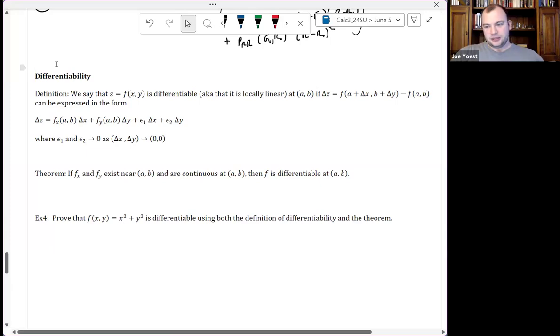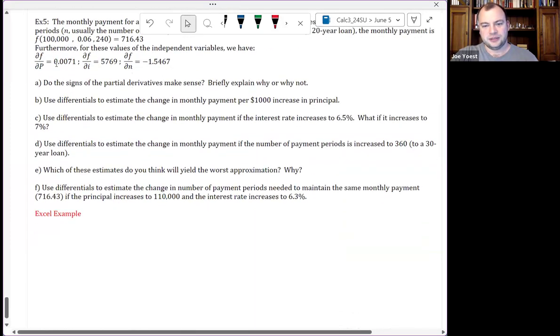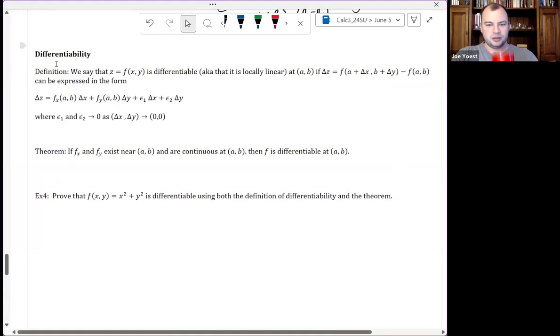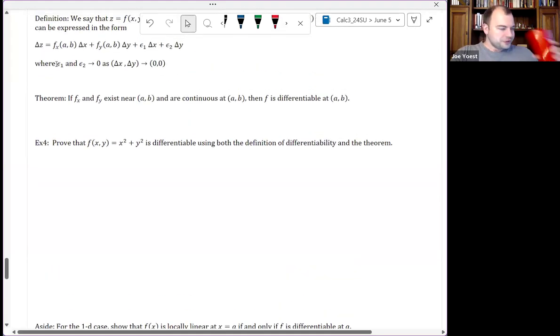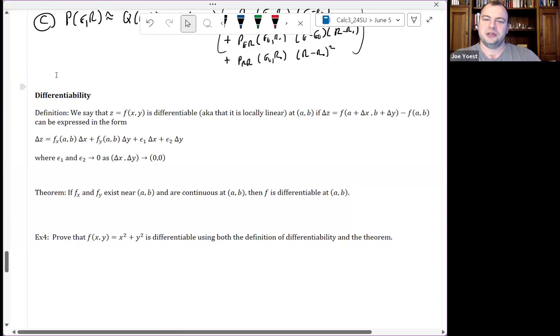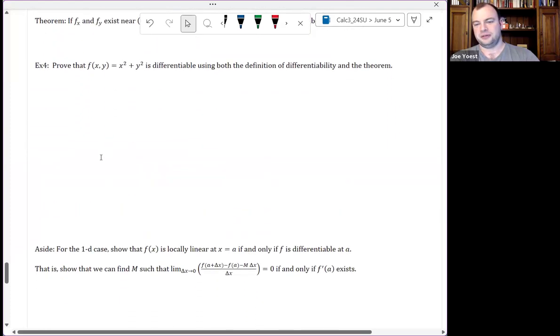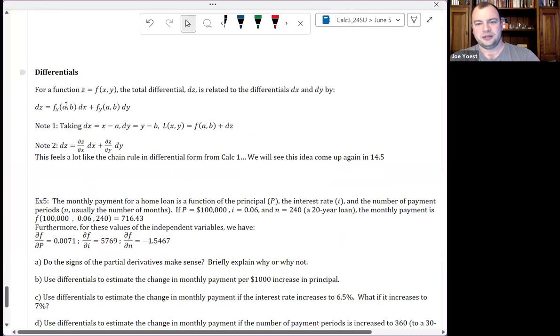Okay, let me look ahead here. I'm going to skip over this bit. It's kind of a technical side note. I'll publish this as part of the supplement tomorrow, but I'm going to knock out this bit on differentials. We might go a few minutes over.